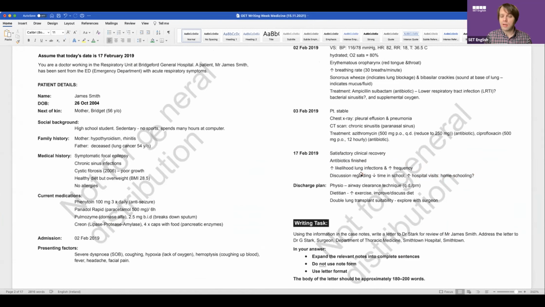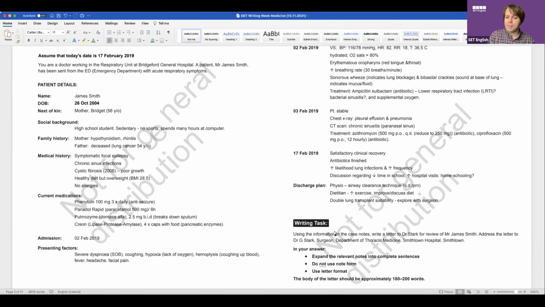I didn't add the discussion about the time in school because we are referring to a transplantation surgeon. So I thought this is not a point that will interest a surgeon. This point will be for the GP.